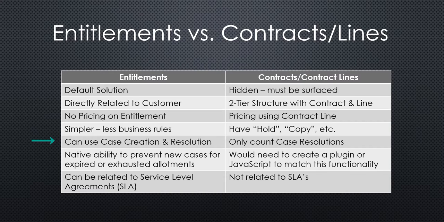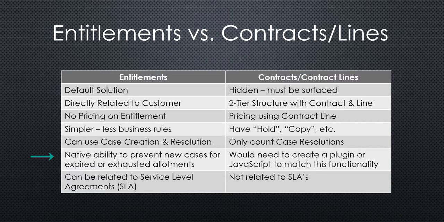With entitlements, you're able to actually use case creation and resolution for countdown of cases. So that means that you will subtract a case from the allotment by creating one if you set it up that way, as opposed to resolving that case. It's a subtle nuance, but it might be important for you.